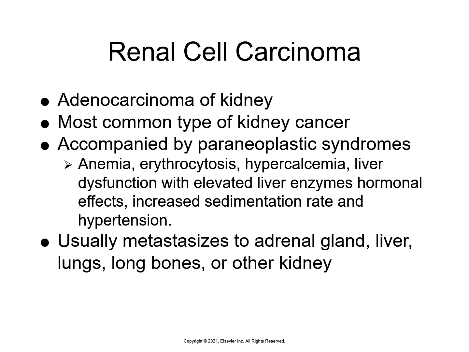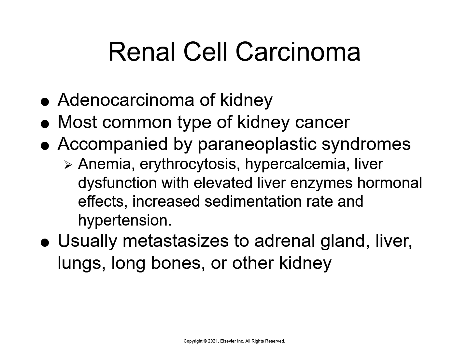And their symptoms will include anemia, erythrocytosis, hypercalcemia, liver dysfunction with elevated liver enzymes, and increased sedimentation rate and hypertension. Most patients with this cancer have either anemia or the erythrocytosis, but not at the same time.